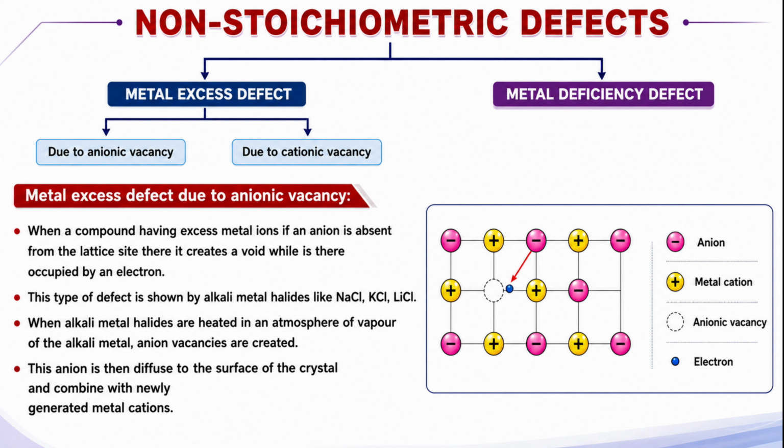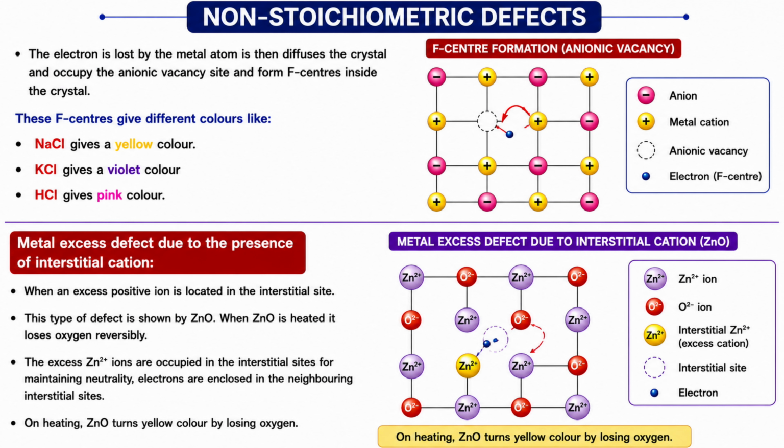When alkali metal halides are heated in an atmosphere of vapor of the alkali metal, anion vacancies are created. This anion then diffuses to the surface of the crystal and combines with a newly generated metal cation. The electron lost by the metal atom then diffuses into the crystal and occupies the anionic vacancy sites and forms an F center inside the crystal.